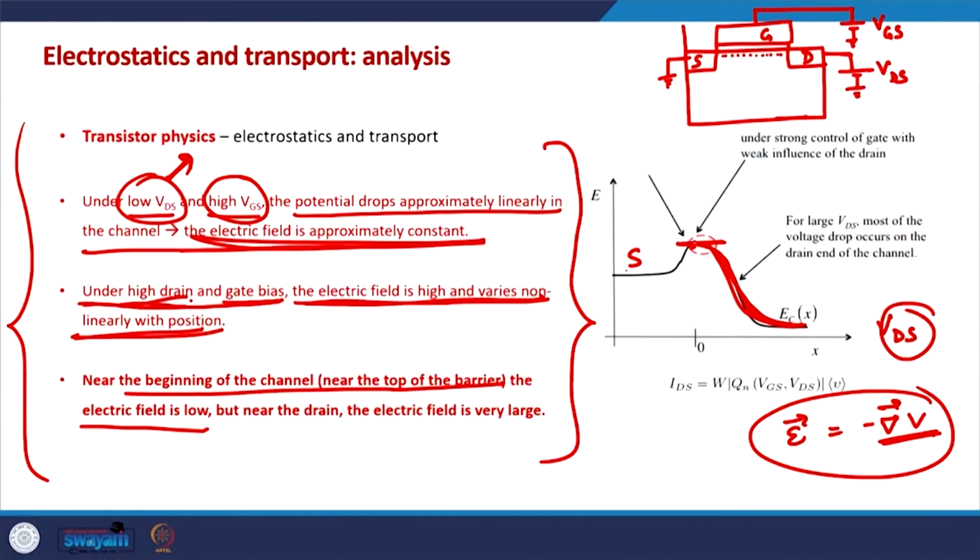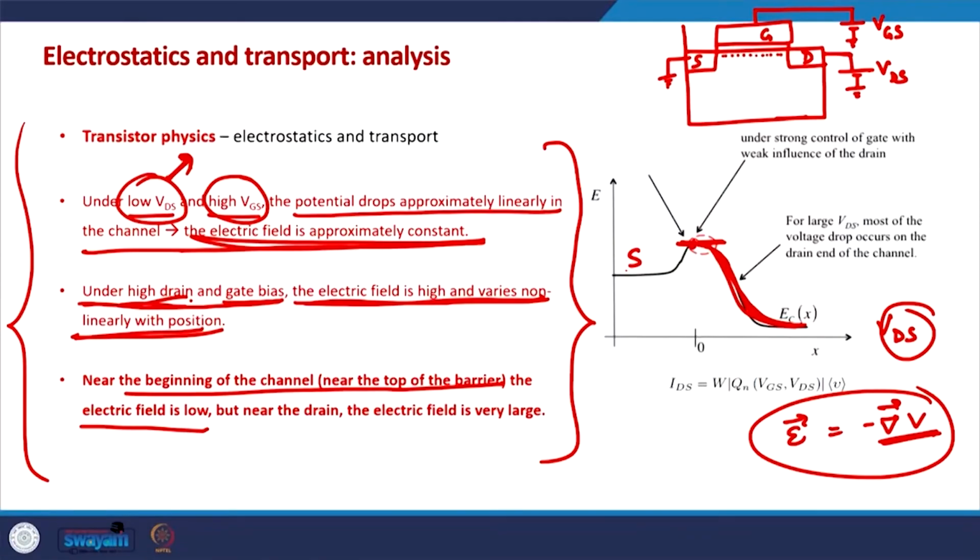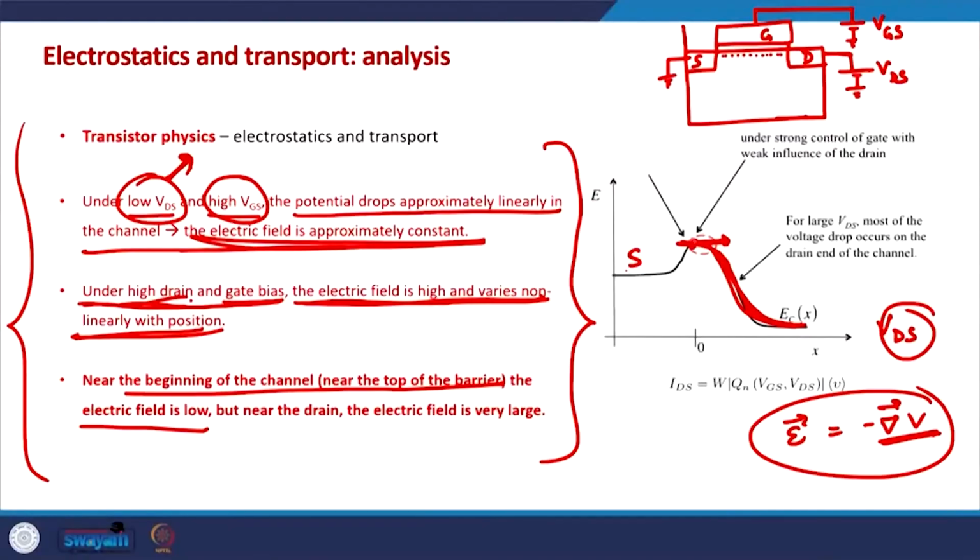So the electric field at the top of the barrier is 0. It means that just at the top of the barrier the electric force is also insignificant, it is almost 0, and in most cases the thermal velocity of the electrons plays an extremely important role here just at the top of the barrier, because the velocity due to the force is not there, it is just the thermal velocity with which these electrons enter.